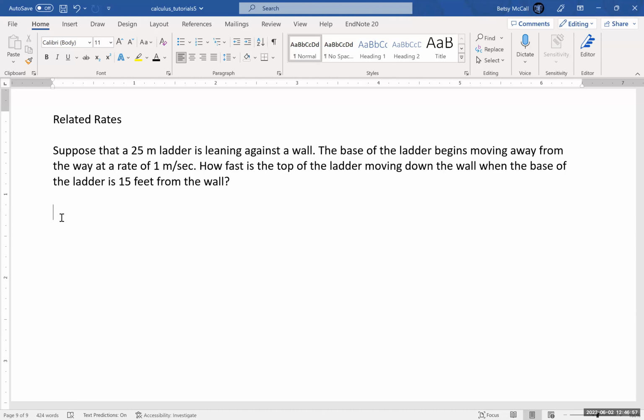And if we have more than two variables, usually we have to come up with a relationship between the third variable and one of the other two variables, because in a typical problem we have only one of the inputs that is changing, and the rate at which it's changing, which will allow us, if there are only two variables, to find the missing rate.